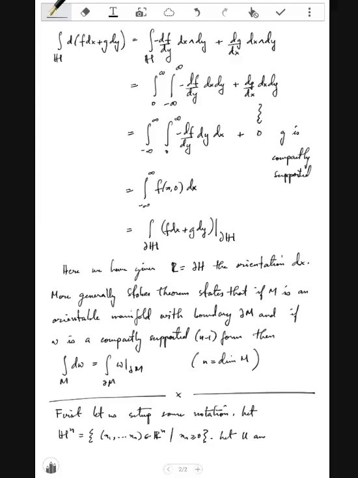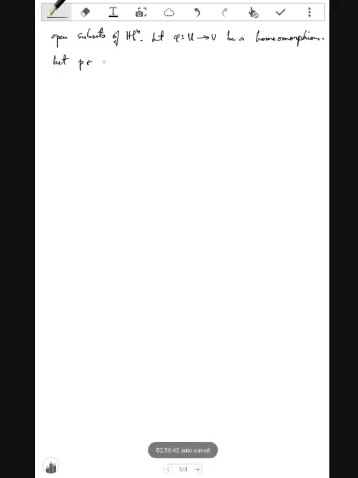Let U and V be open subsets of Hn. Let phi from U to V be a homeomorphism. Let P be a point in U which is in the boundary of Hn.